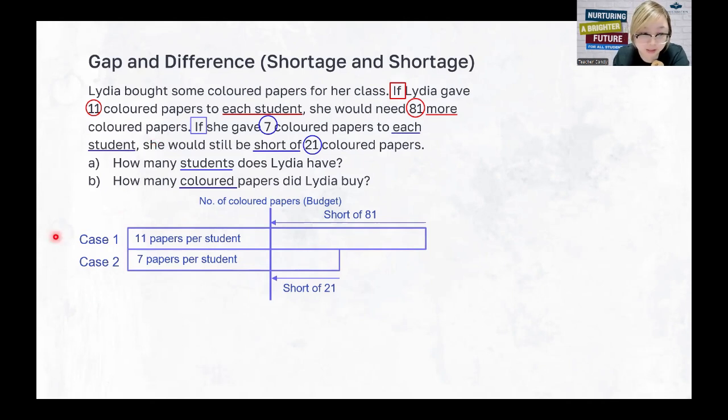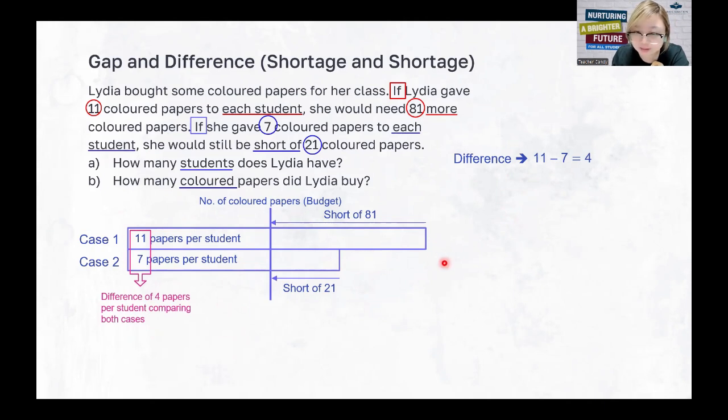Between case 1 and case 2, the difference between the number of papers per student will be 4. So how do we write it? Difference will be 11, the first case, minus 7, the second case, which will be 4. How many 4s will cause the gap here? Before we find that, we need to find the gap.